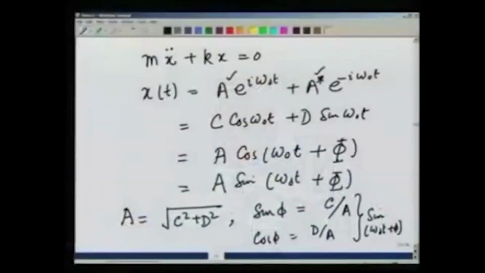So, we have in the motion two constants, a real, a imaginary, or C or D, or A or phi, and these are determined by the initial condition of the motion, as we will see.